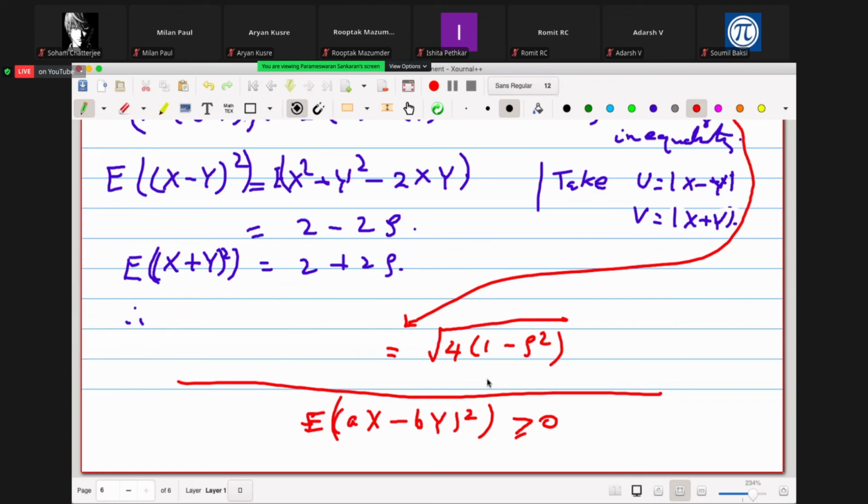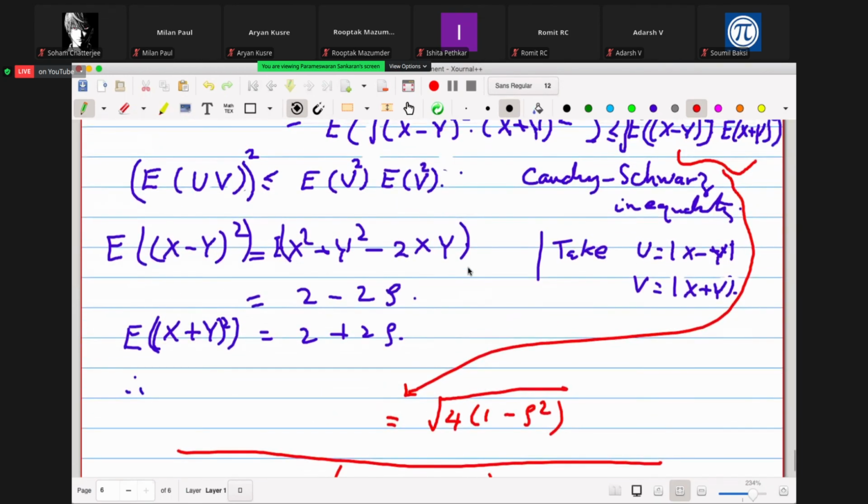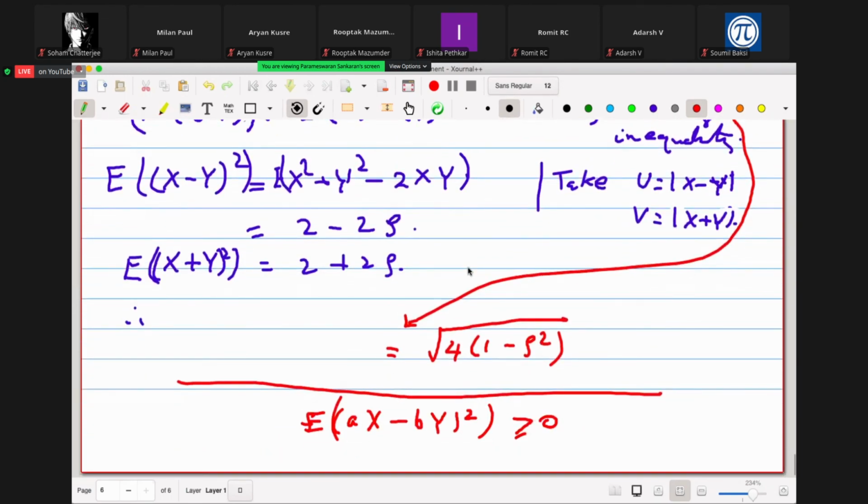Then the discriminant is less than or equal to 0, because this is greater than or equal to 0, and that's exactly what gives you the answer. So the relevant fact is, if a random variable assumes only non-negative values, then the expectation is greater than or equal to 0. I hope that answers your question.